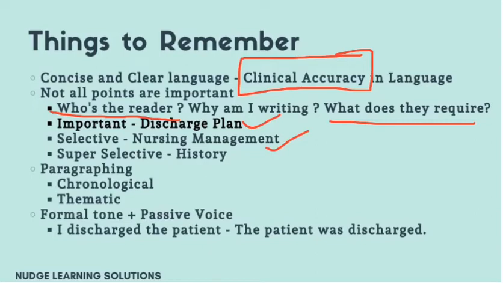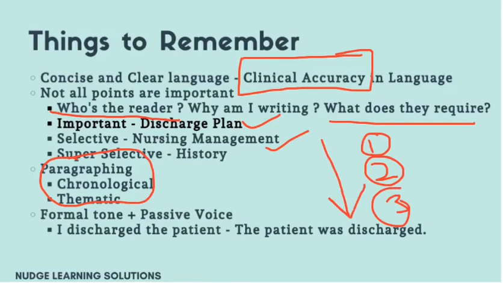When you write the paragraphs, often we tend to write that the patient was admitted on day 1, then he was given treatment on day 3, at present his status. That is the chronological way of writing a paragraph. Or else you can arrange thematically. For example, suppose the patient has a serious case of cancer, then we have to prioritize that.